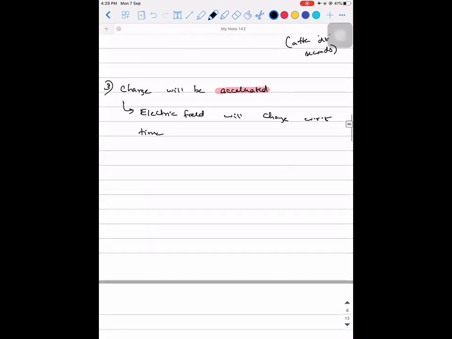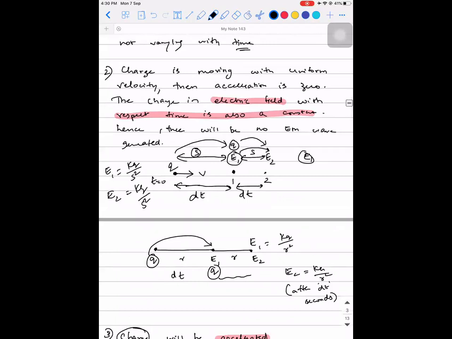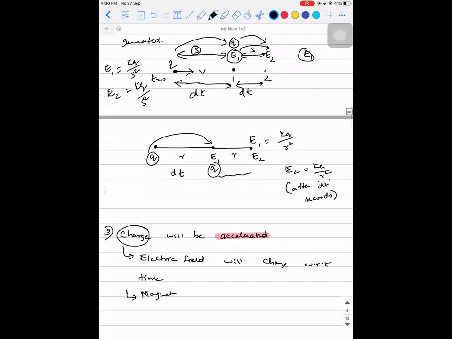Similarly, when a charged particle is moving with uniform velocity, the magnetic field is also independent of time.